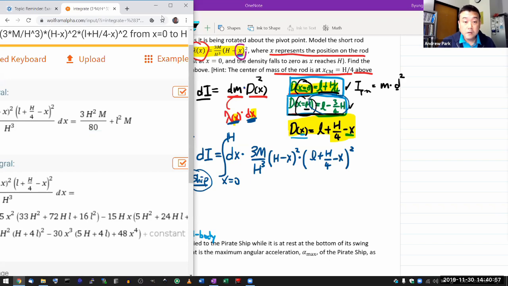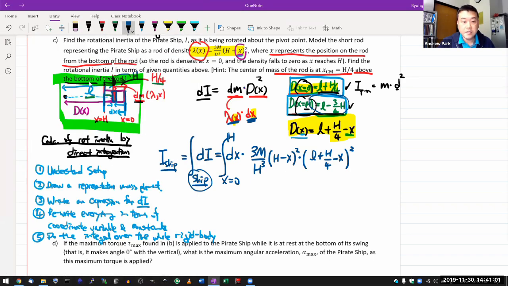So this is the thing that I'll be trying to test for. Given a new situation that involves variable density, where you have no other way to solve it other than to set up the direct integration and actually do the integration, are you able to understand the setup that's described mostly in English words?